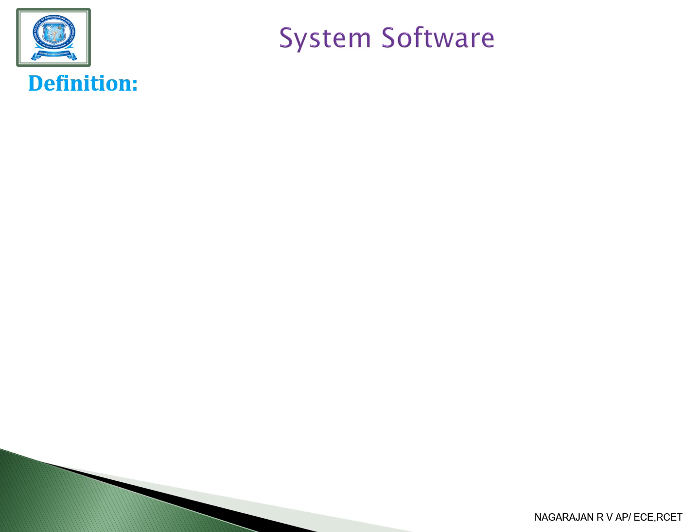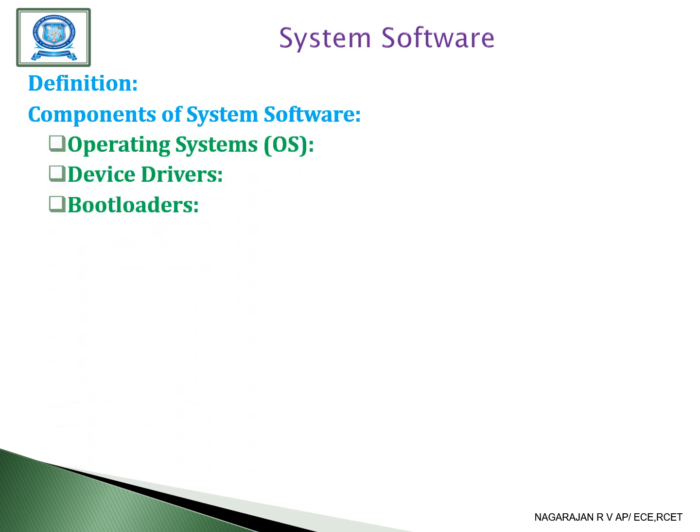What are the components of system software? The first one is the operating system. The operating system provides a platform for running application software and managing hardware resources. For example, embedded Linux and Windows Embedded are operating systems. The next component is device drivers. A device driver is a specialized program that facilitates communication between the operating system and hardware devices.